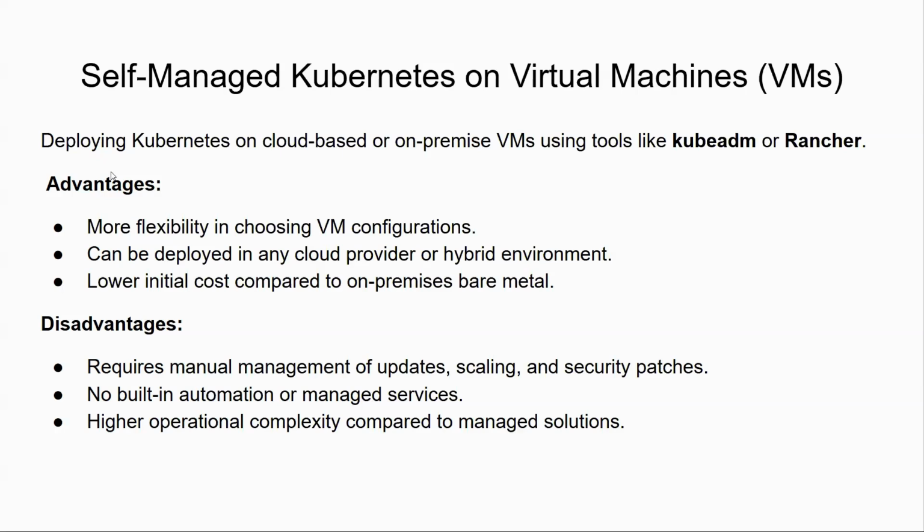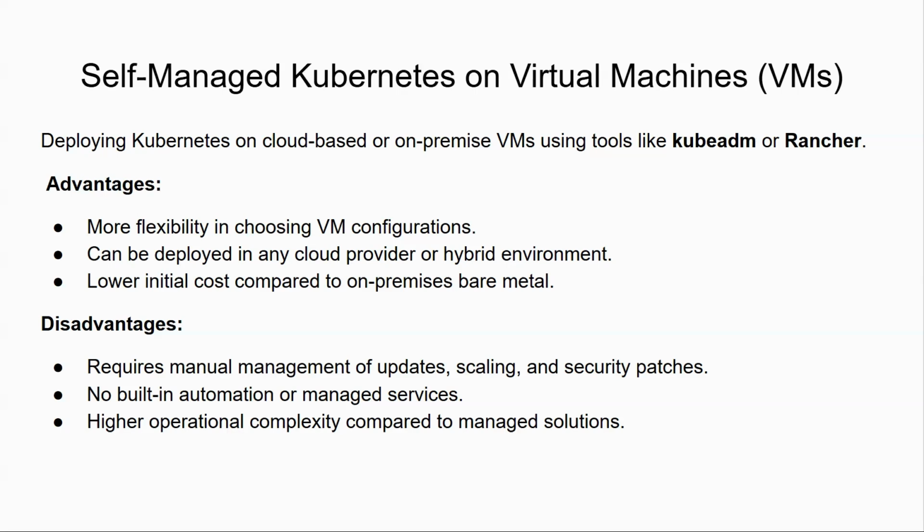This means deploying Kubernetes on cloud-based or on-premises virtual machines using tools like kubeadm or Rancher. Advantages: more flexible in choosing VM configurations, and it can be deployed in any cloud provider or hybrid environment. This is mainly used for hybrid environments, and it has a lower initial cost compared to on-premises bare metal.